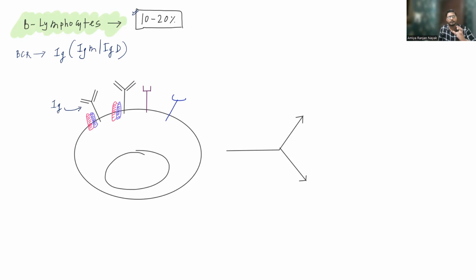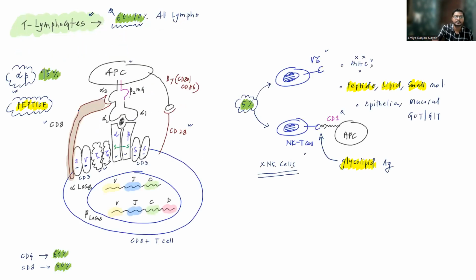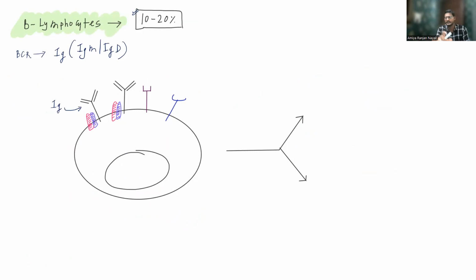But along with this immunoglobulin molecule, there will be certain other receptors to complete the B cell receptor complex. Similarly, as we have discussed for the T cell receptor, along with the alpha beta dimer, there are other associated proteins which make the entire T cell receptor complex. Similarly, for B cells, along with the immunoglobulin molecules, there will be some associated proteins which complete the structure of the B cell receptor complex. So what are these associated proteins?